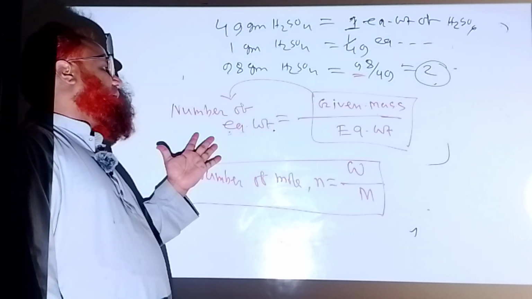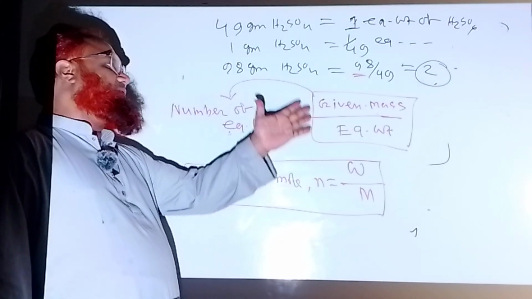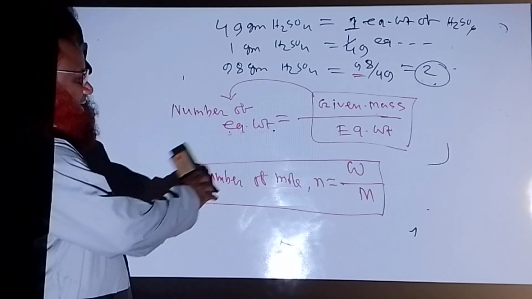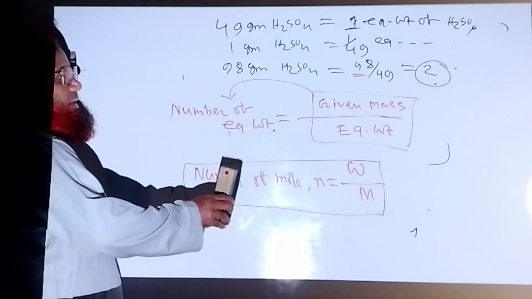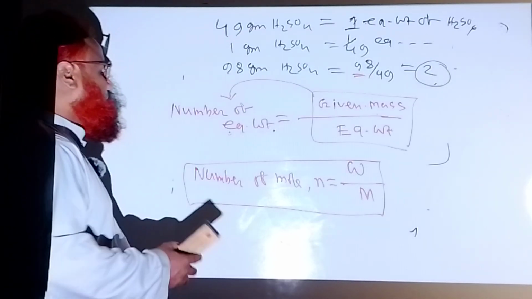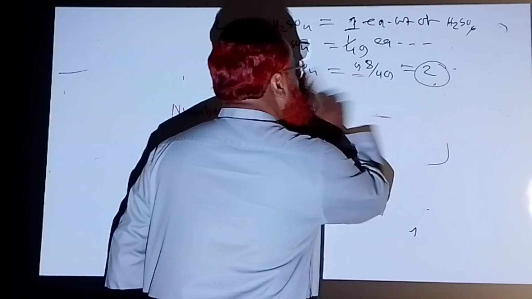Similarly, the number of equivalent weights can be calculated as given mass by equivalent weight. I am comparing these two formulas so you can easily remember them. So, write this down.